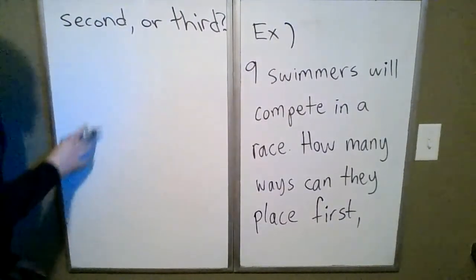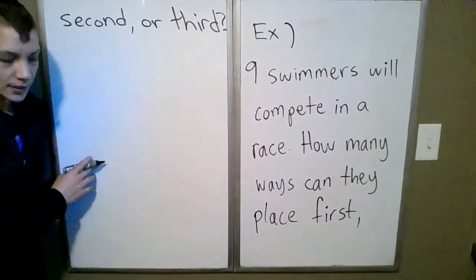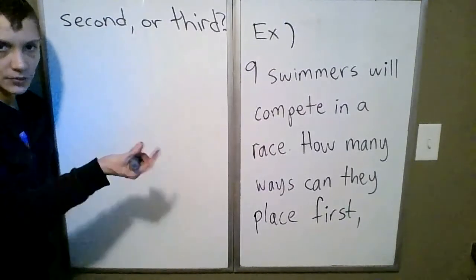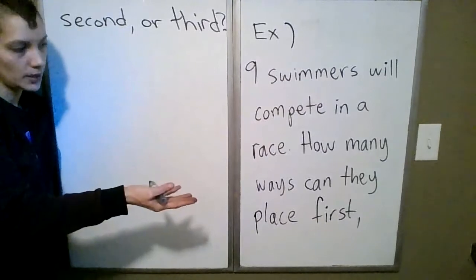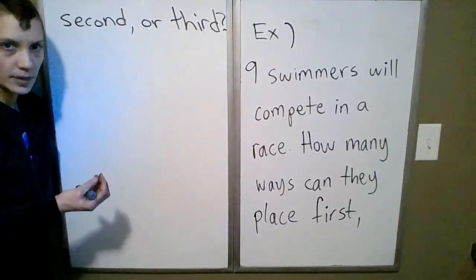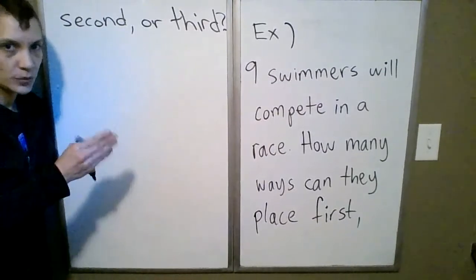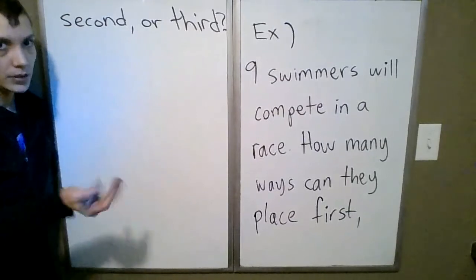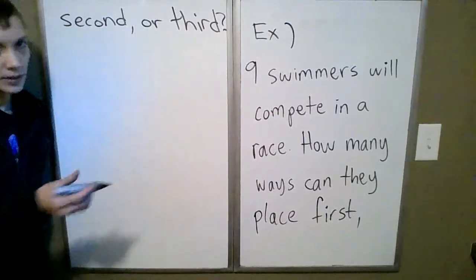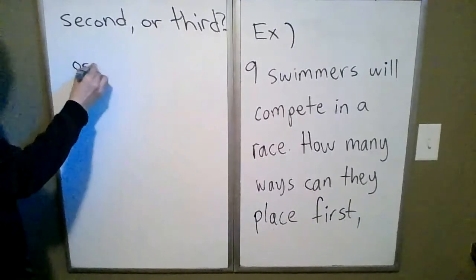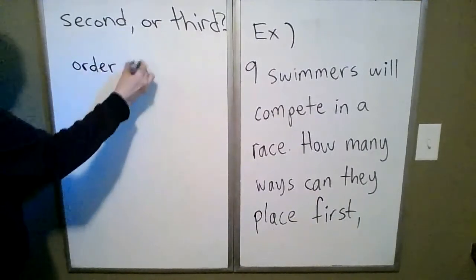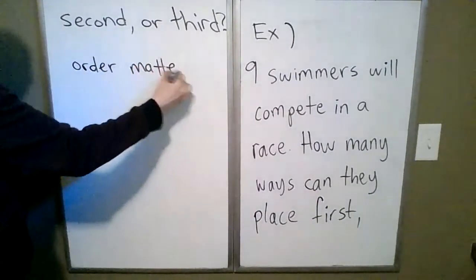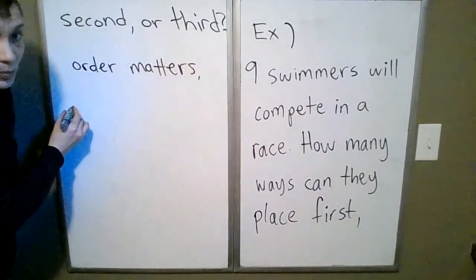Okay. And there are 2 ways to think about this. First way is that I have 9 swimmers. I want to pick 3 of them and put them in a certain order, first, second, third. So order would matter. That means use permutations.